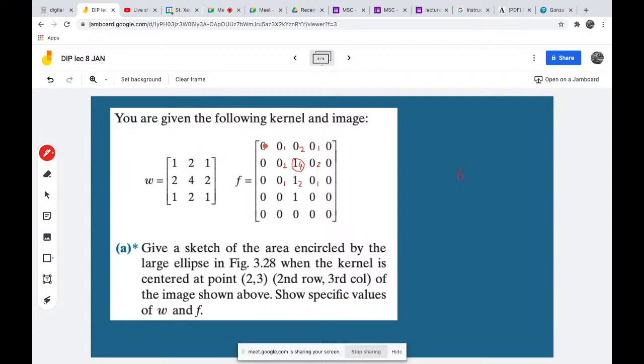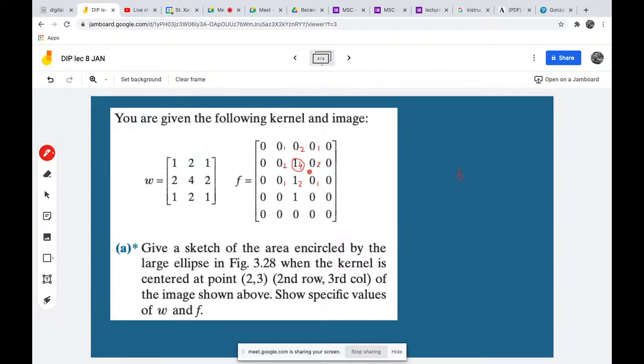So you multiply 1 to 0 wherever the pairs are written. So 1 into 0 is 0, 2 into 0 is 0, and so on, all 0. Only surviving factors are 1 into 4 which is 4, 1 into 2 which is 2, 2 plus 4, 6. So the new value of this pixel after this multiplication will be 6.